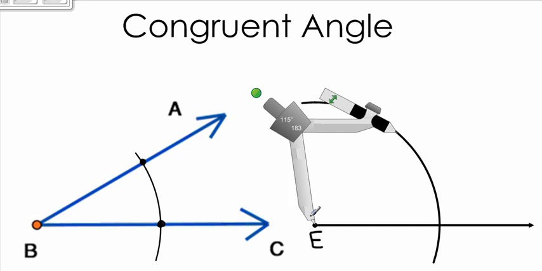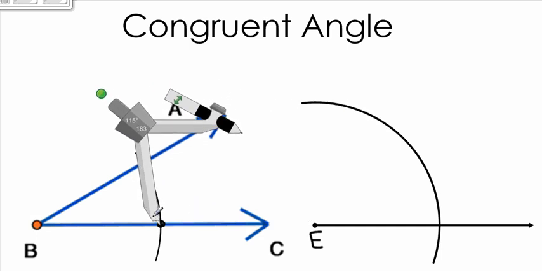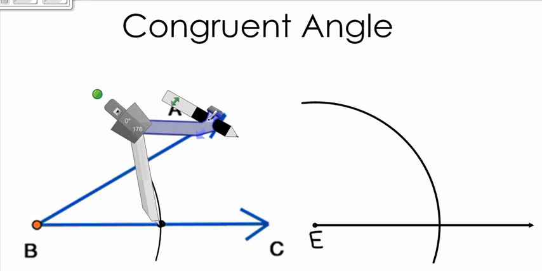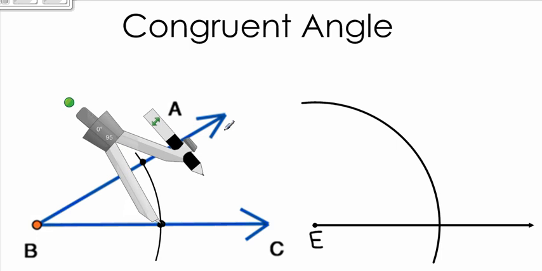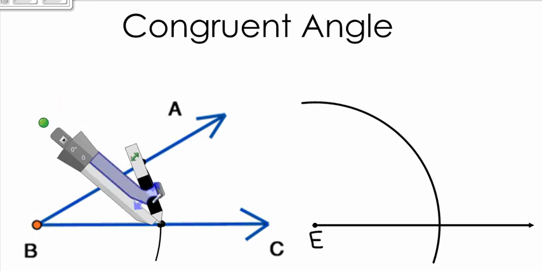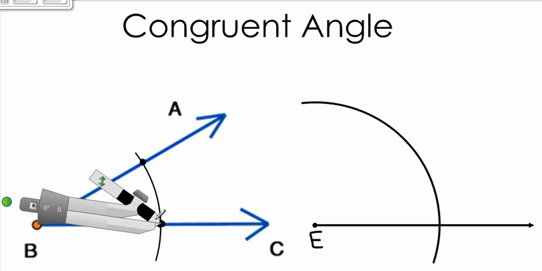And I'm going to put my point of my compass on one of those endpoints. And I'm going to drag my compass. I'm going to bring mine back. So I'm going to get my compass to measure the distance between my points.